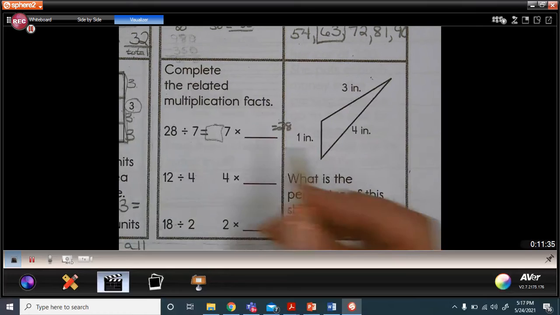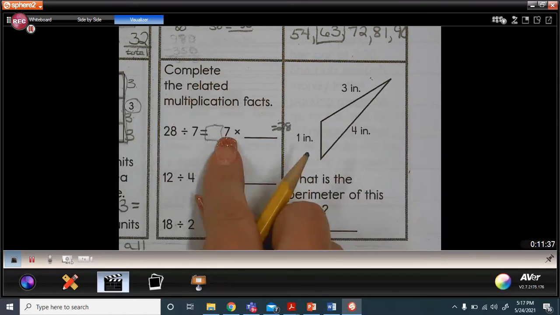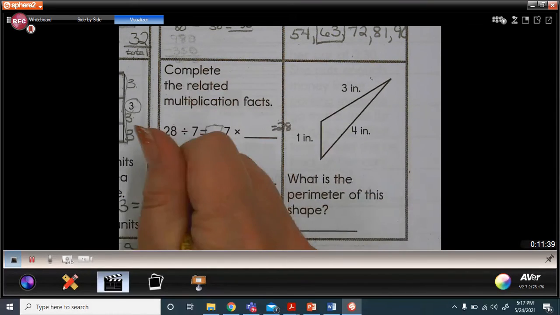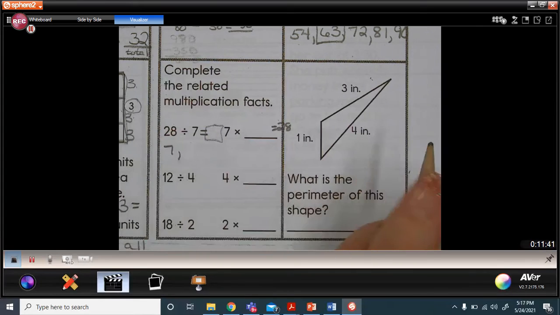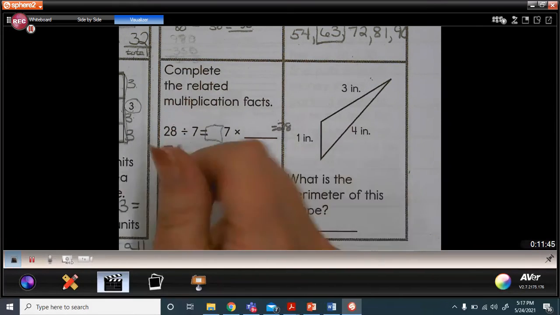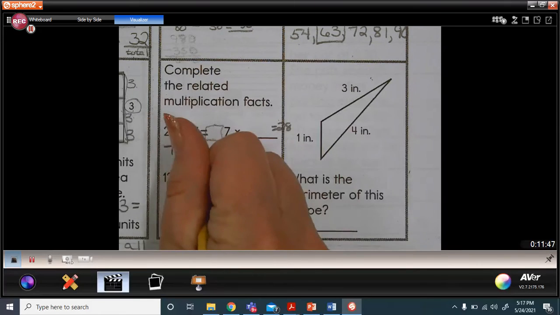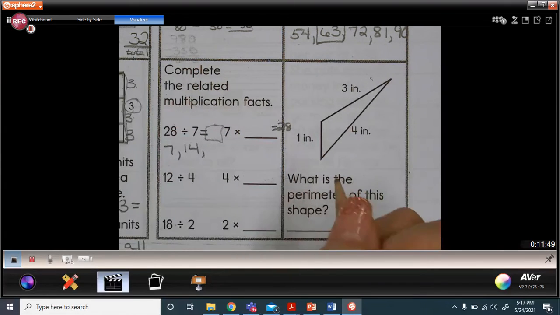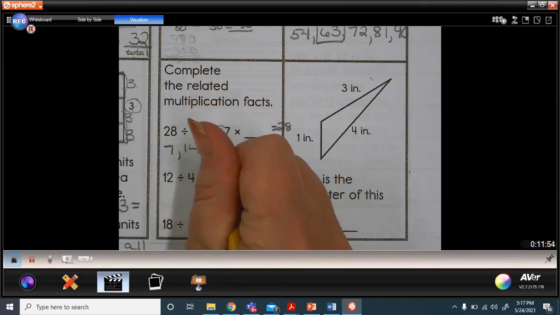So I'm going to work with counting by 7s since I know this factor. So 7, another group of 7 is, right, 14. Another group of 7 is, you got it, 21.